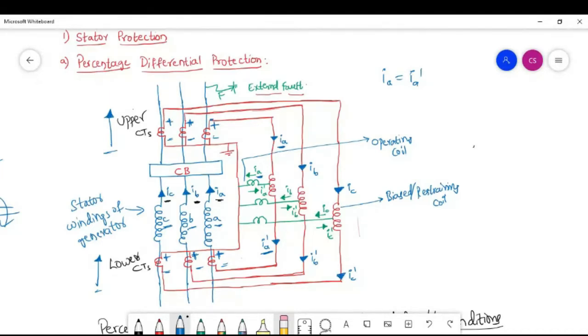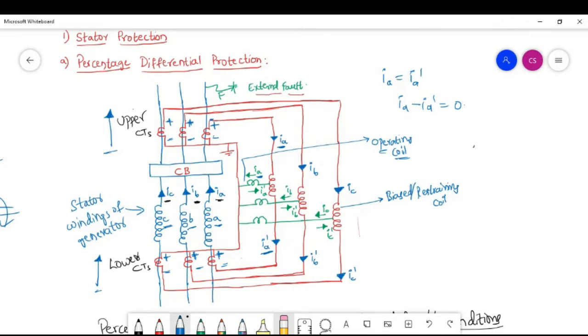That means the summation of both the currents will be equal to 0, that means IA minus IA dash will be equal to 0. The same thing I have shown in the operating coil. The IA direction of current is like this, the IA dash direction of current is opposite. If you add these two currents, you will get 0. That means the amount of current flowing through the operating coil is 0.